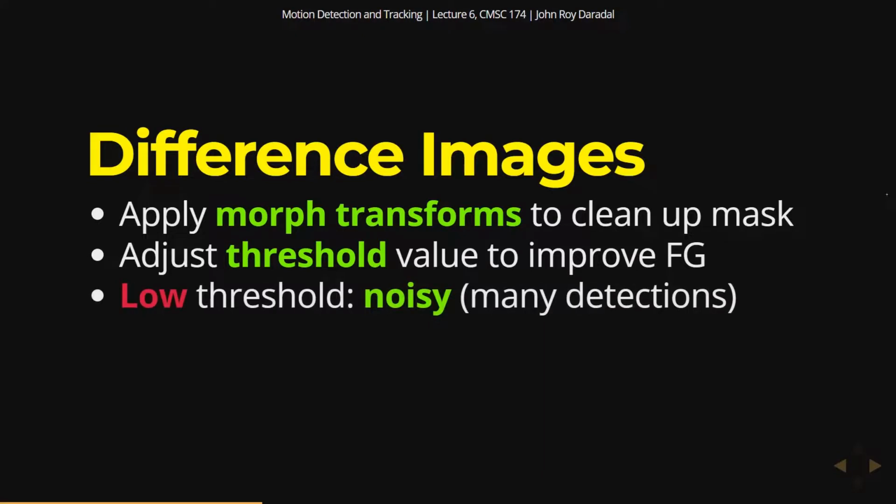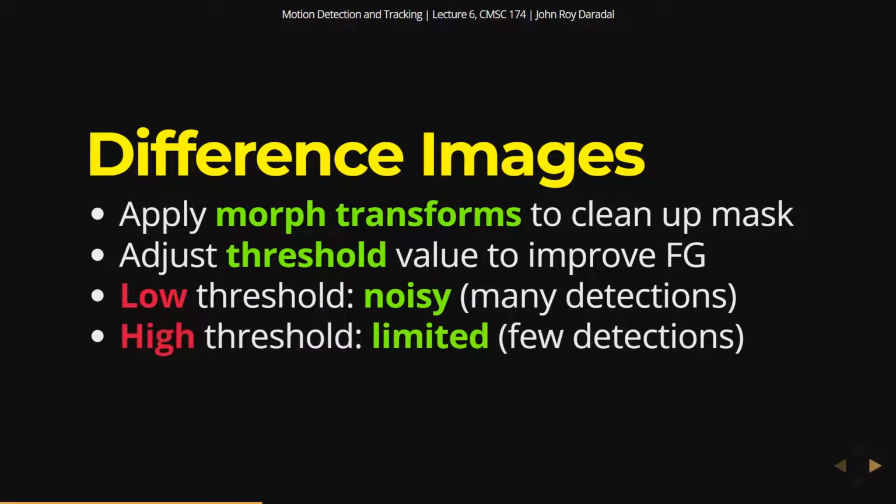Okay, so if you have a low threshold, the mask tends to be noisy because since you're setting a low bar, then you're allowing even small differences to be converted into white or converted into foreground. So you end up with a lot of detections. Okay, and your mask tends to be noisy. But if you have a high threshold, then your mask will be somewhat limited. Okay, you will be left with few detections because you're setting the difference to reach a high threshold.